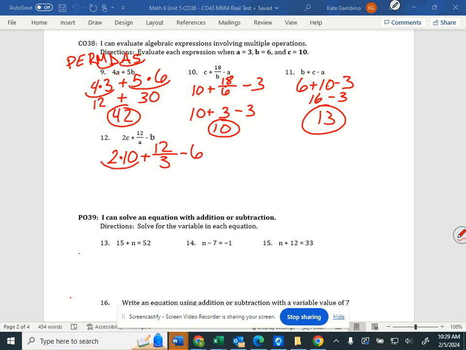So I want to do my multiplying and dividing first. 2 times 10 is 20. 12 divided by 3 is 4 minus 6. So I have 24 minus 6 gives me 18. Any questions on how I did the order of operations there? Okay.